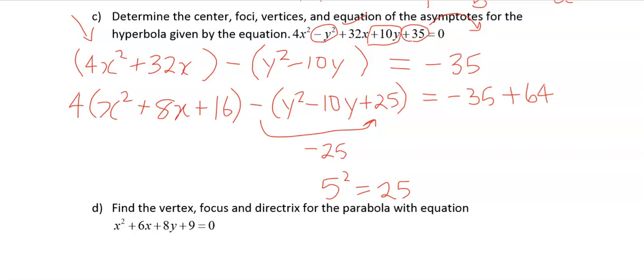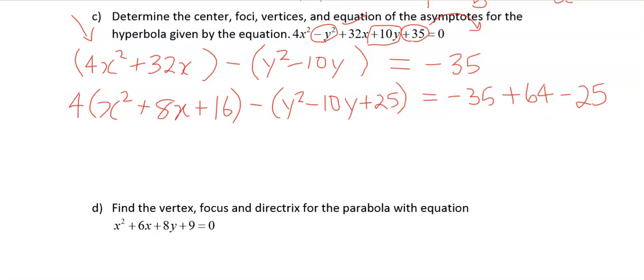I really subtracted 25. So if I want to rebalance that equation, because of what I just wrote down, that plus 25, I come to the right side and I write down minus 25, because in essence, that's what I did to the left side. I subtracted 25, so I had to subtract 25 from the right side as well, okay? Little things you have to keep in mind, everybody, when you're doing these calculations.